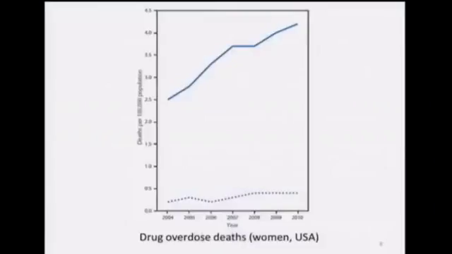Now, I want to continue to illustrate that with another example here. My field of research is largely addiction. So here we have overdose deaths in women in the United States in the last 10 years or so.